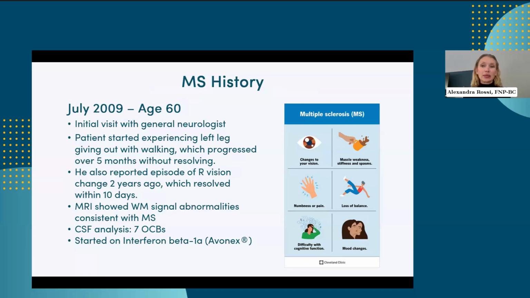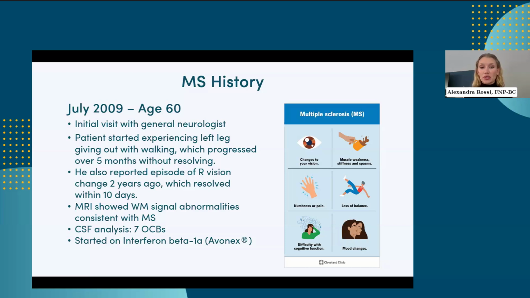Okay. So again, this patient has MS, but we'll talk about how he presented. In July of 2009, thinking of age, he presents at the age of 60. He has an initial visit with a general neurologist. His first symptoms were that he started to experience his left leg giving out with walking, which progressed over 5 months without resolving.